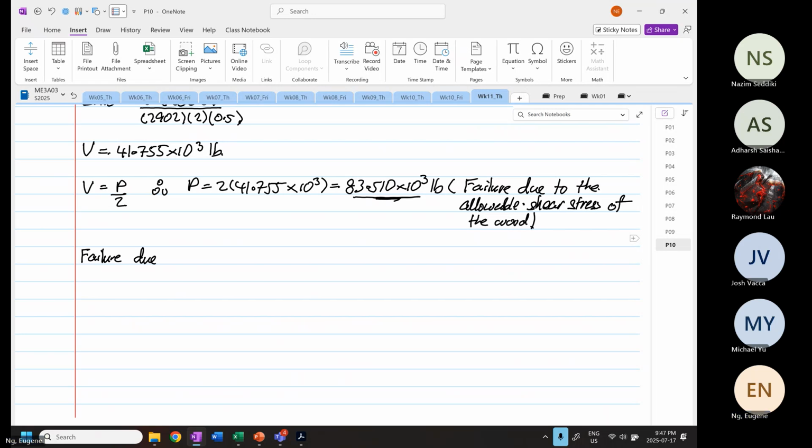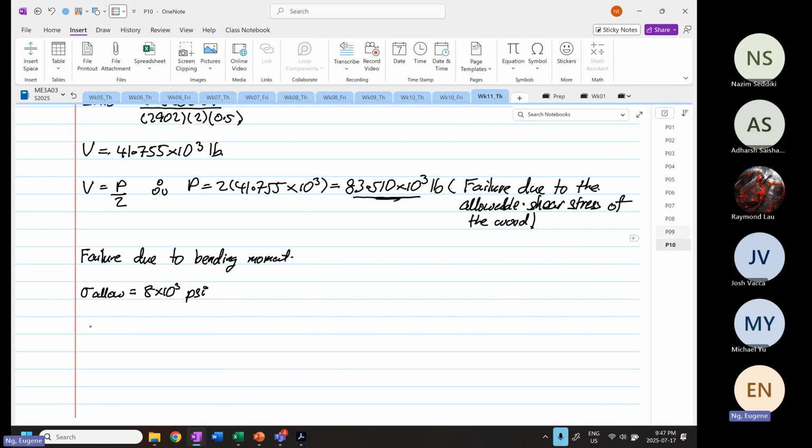And then the last one, okay, so failure due to bending moment, right? So you know that stress allowable is equal to 8 times 10 to the power 3 psi.